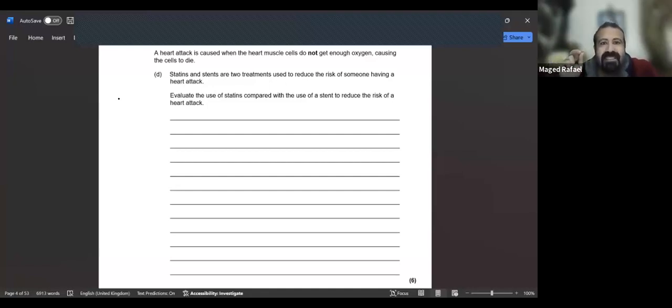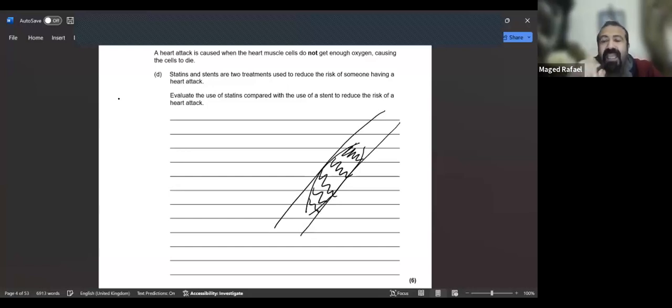However, stents are a kind of network from specific type of metals just to open the lumen of the artery or the coronary arteries. So if this is the coronary arteries, we will have a kind of stent to open it. It is like a metal structure.